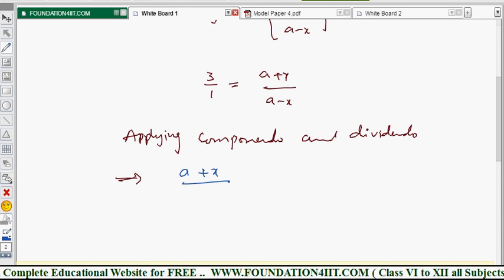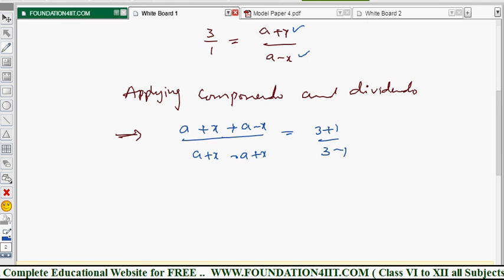That is, a plus x plus a minus x by a plus x minus a plus x. So in the numerator and denominator we added and subtracted both. Similarly, 3 plus 1 by 3 minus 1, add and subtract.